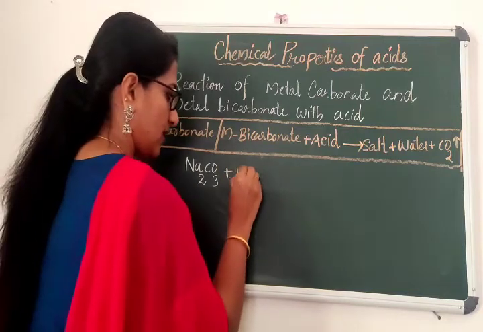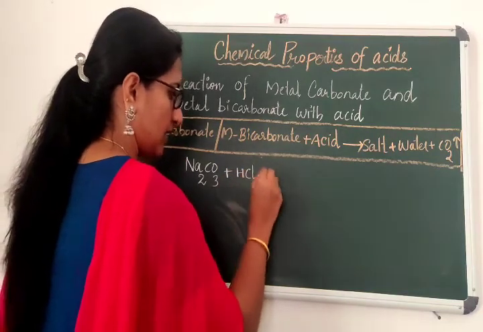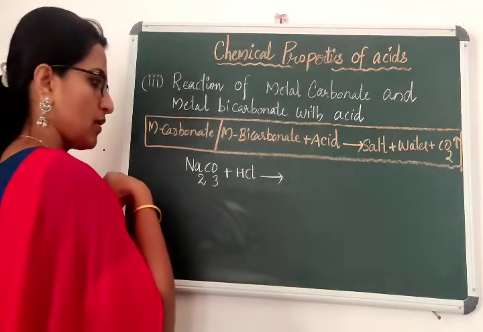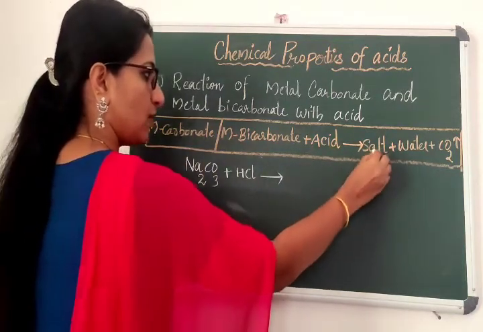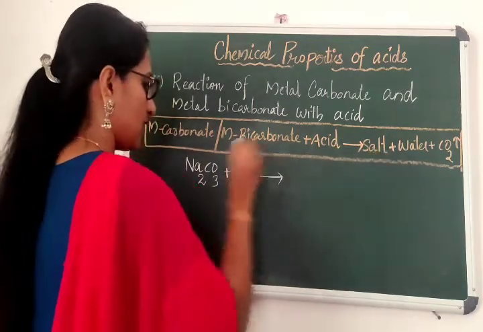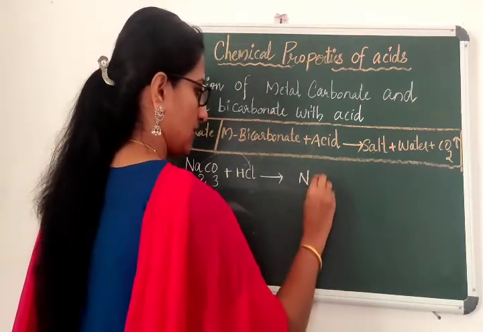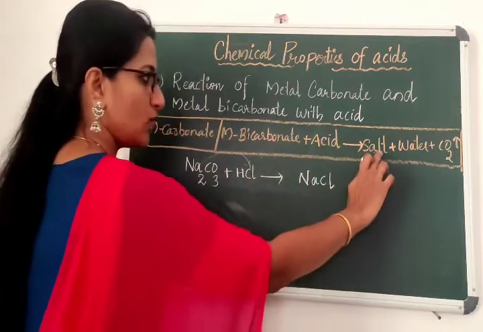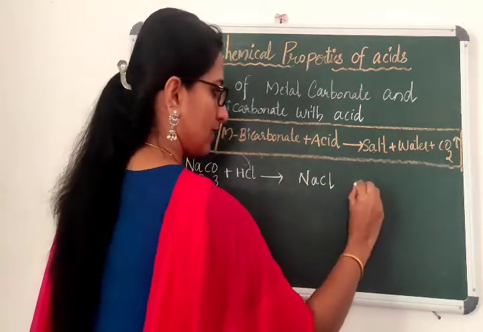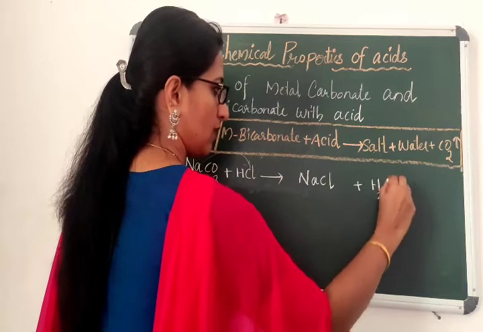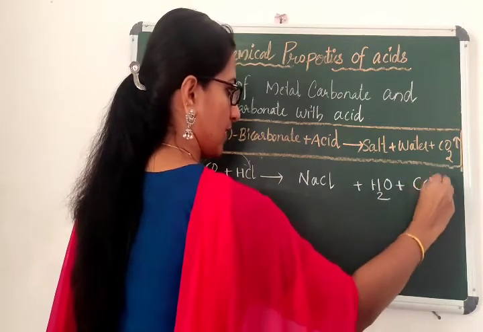If I take dilute hydrochloric acid, what happens? You can see that a corresponding salt is produced. Which salt? Sodium and chlorine, that is sodium chloride, along with water and carbon dioxide gas.